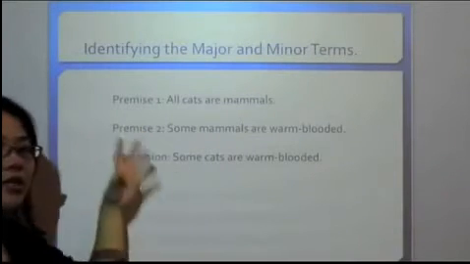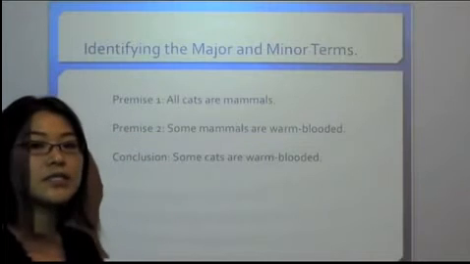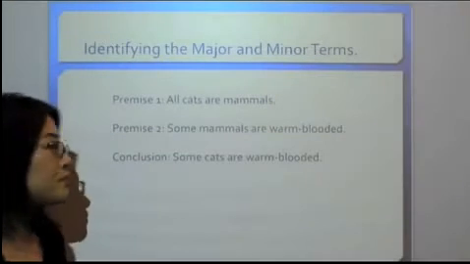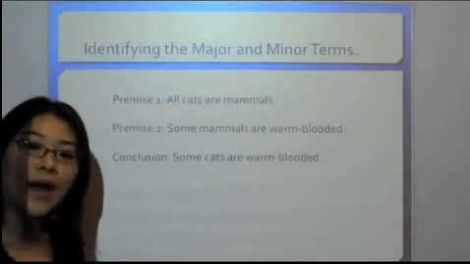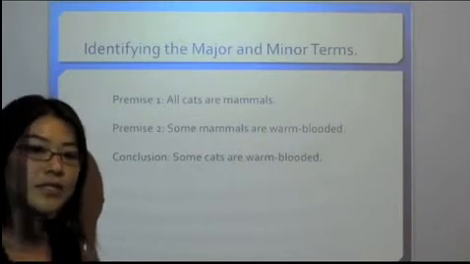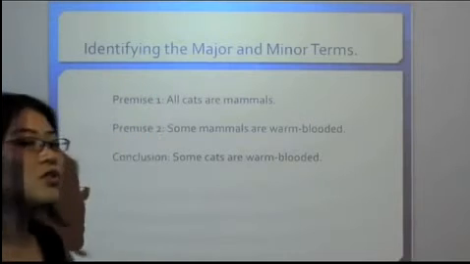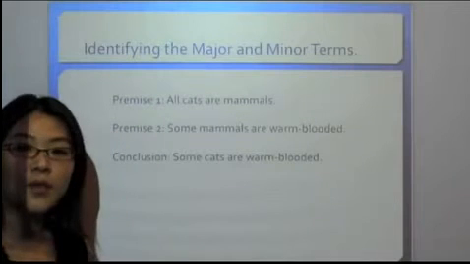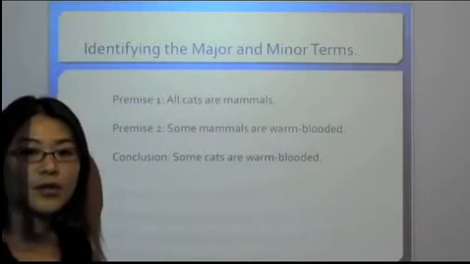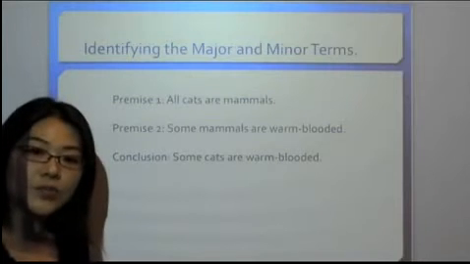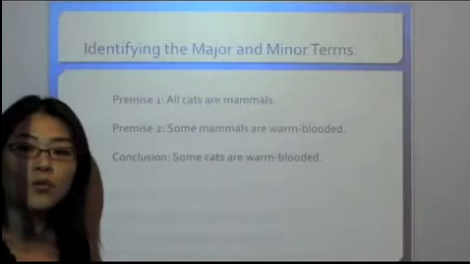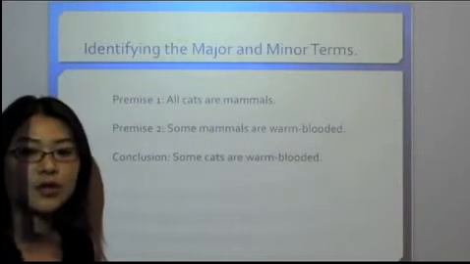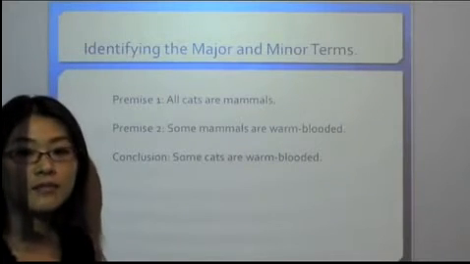Notice how we have yet to identify the minor premise and the major premise. Premise 1 and premise 2 are different from minor premise and major premise. Premise 1 and premise 2 refer to the premises in the order that they were given in the argument, while major premise and minor premise refer to which premise has the major term and which premise has the minor term.